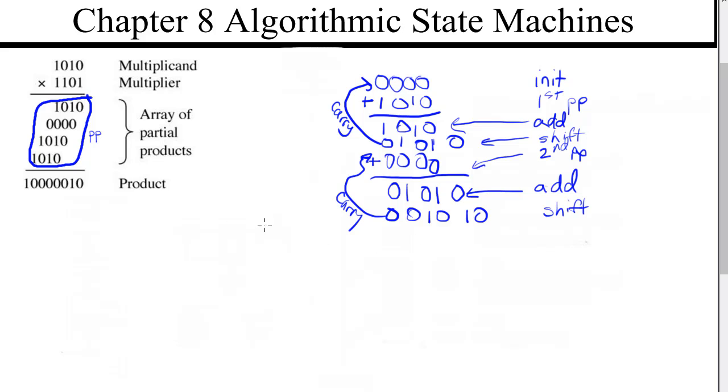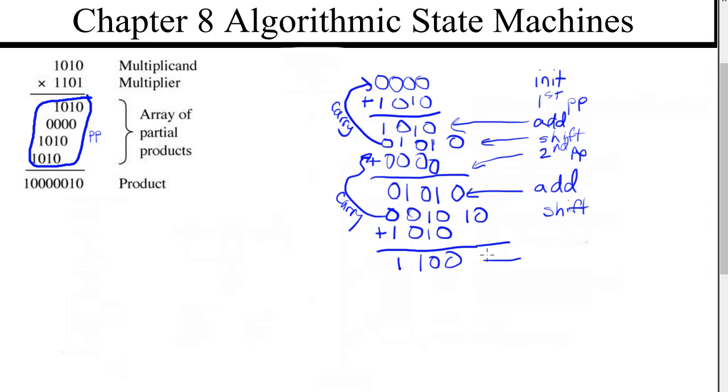All right. Then I go and I write down my third partial product, which is right here. 1, 0, 1, 0. And now I add. So this 0 plus that 0 is 0. 1 plus 1 is 0. Carry the 1. 0 plus 1 is 1, and there's no carry.